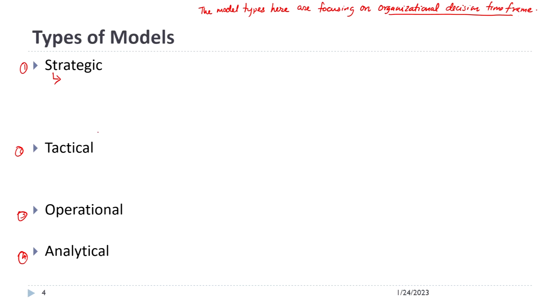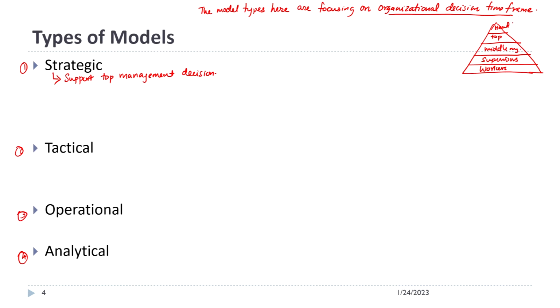So, in strategic models, the first and most important thing you should understand is that they support top management decisions. If you think about the management pyramid, you can understand it something like this: the workers at the lower level, then supervisors, the middle management, and then you have the top management, maybe the head or CEO.